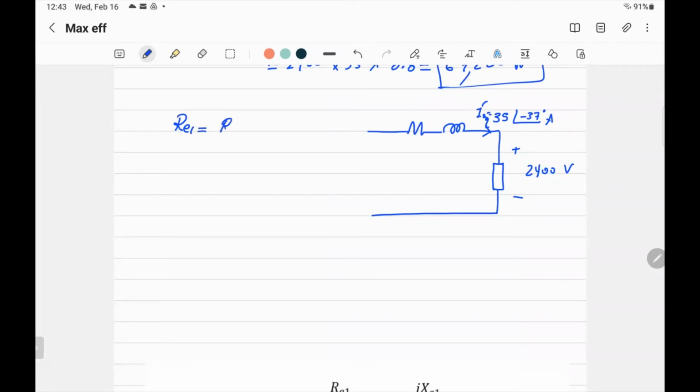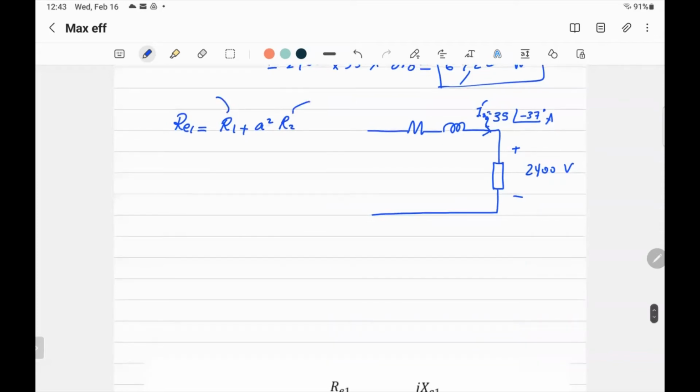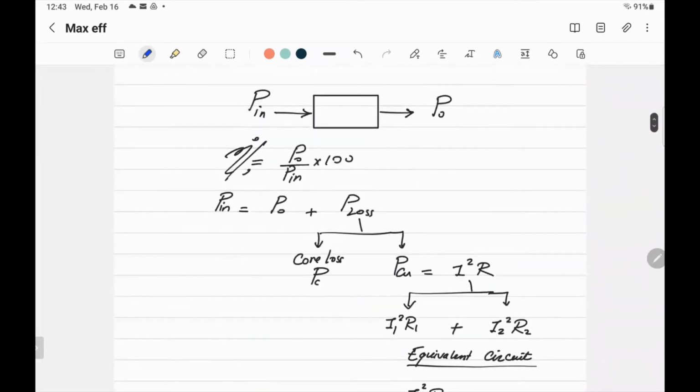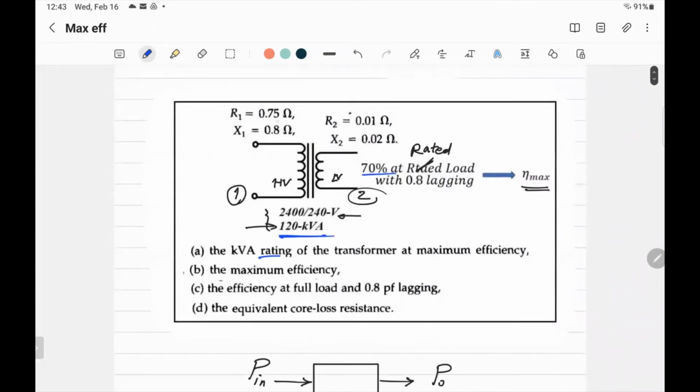R equivalent is equal to R1 plus A squared R2. That's R1 for the primary side and R2 for the secondary side, and A is the turns ratio. That's if you are referring to the primary. If you want to work on the secondary, R equivalent 2 is equal to R2 plus R1 over A squared. It's given: R1 is equal to 0.75 and R2 is equal to 0.01.